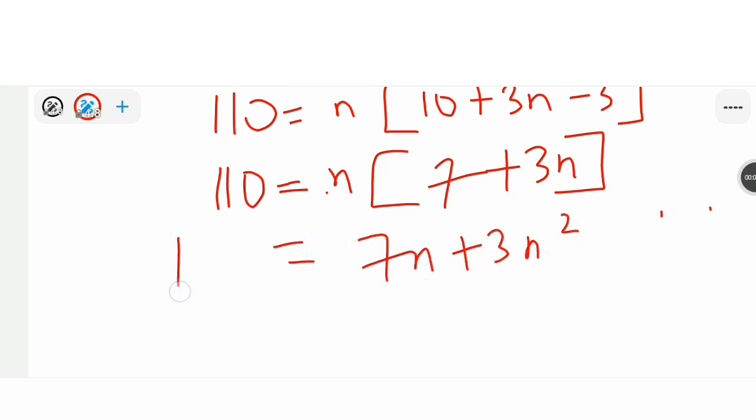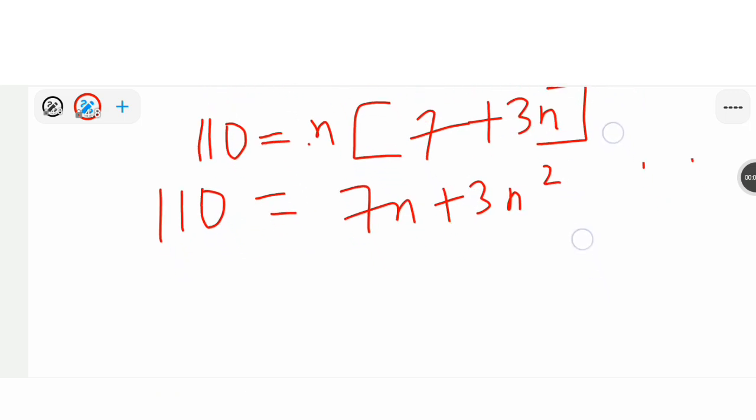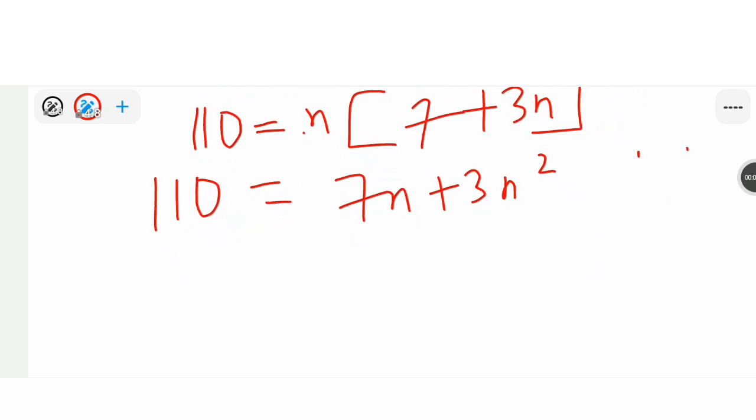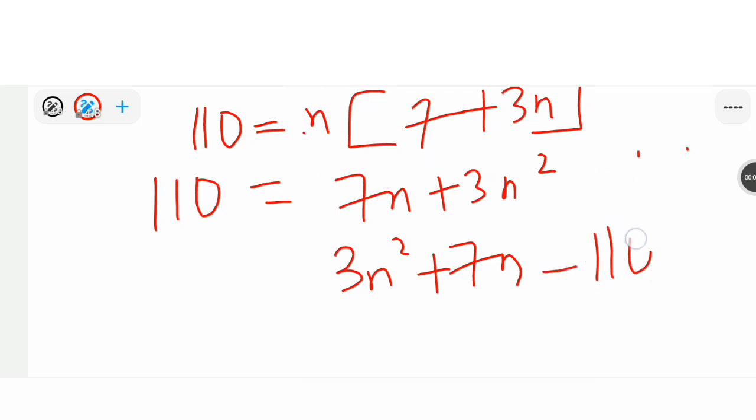Just bring this one to the other side. Equate everything to 0 and rearrange. So the 3n squared should start it: 3n squared plus 7n, and this one is coming to this side, it's going to be negative 110, equals 0. Now just factorize this.